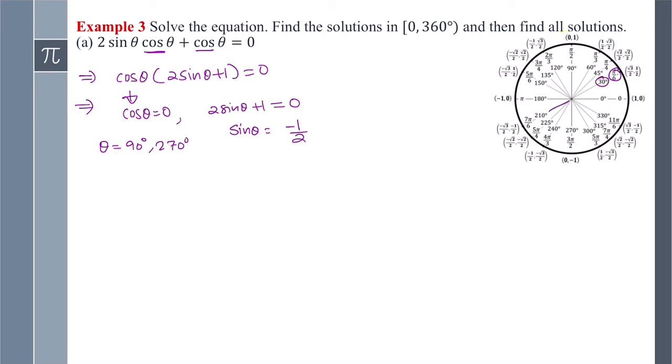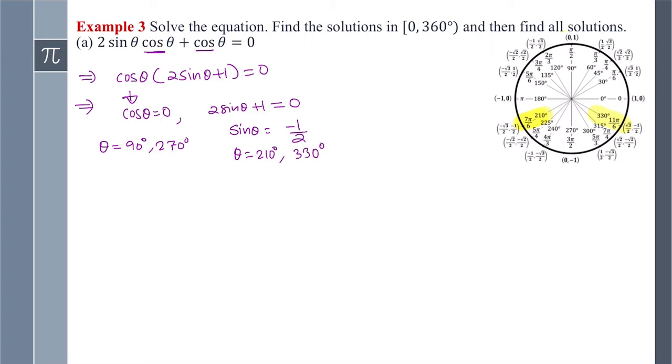To find the angle in the third quadrant, we do 180 plus 30 degrees, or we can just look at the unit circle. So it is this one, 210 degrees. So theta equals 210 degrees. And then the other one is in the fourth quadrant, which is 330 degrees. So theta equals 330 degrees.